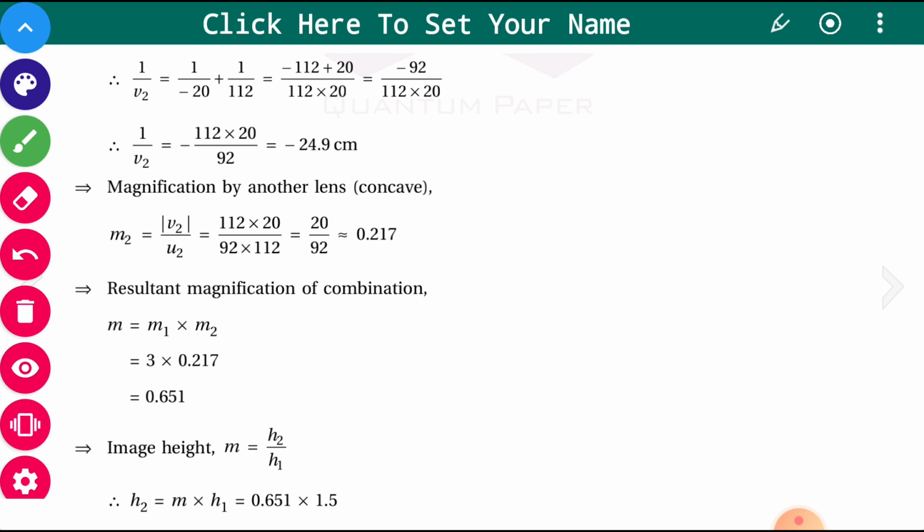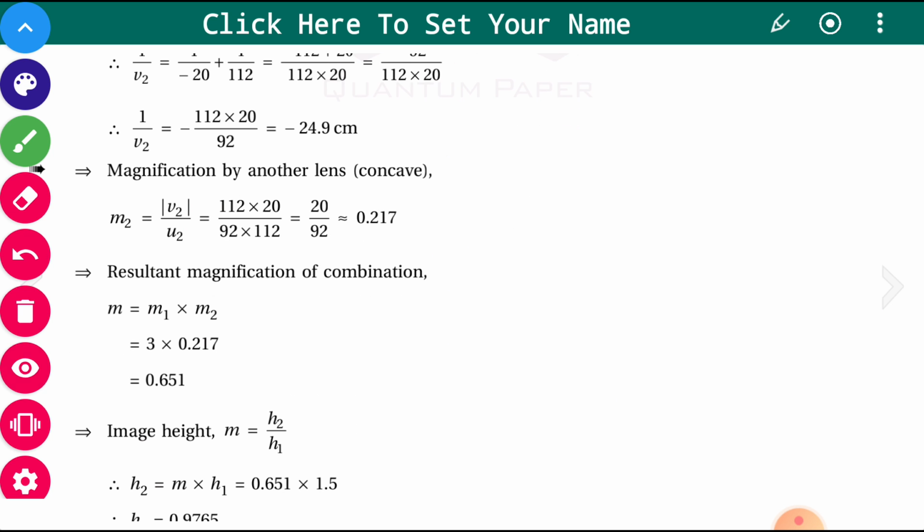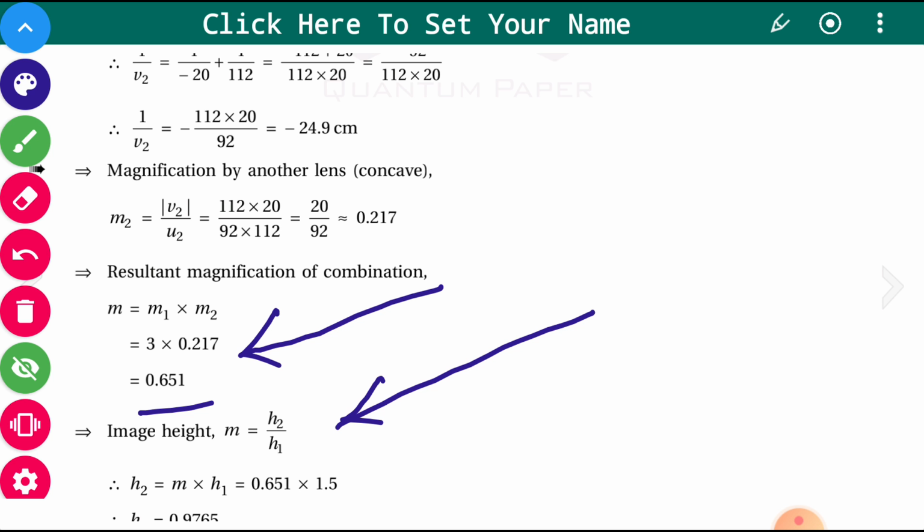Now resultant magnification is m1 into m2, that we have already discussed while combination of lens is discussed. So it will give you 0.651, and magnification m is equal to h2 upon h1, that is height of image upon height of object.